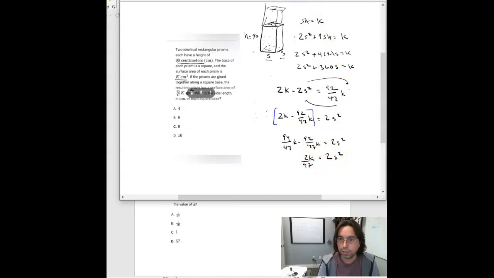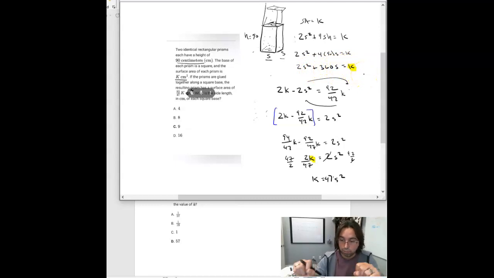So I want to multiply by the reciprocal, 47 over 2, here and do that over here. What you'll notice is I'm going to get k equals, the 2's now eliminate, and I get 47s squared. So here k equals 47s squared, where earlier k equals 2s squared plus 360s.